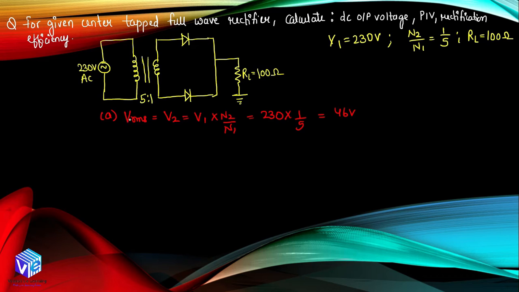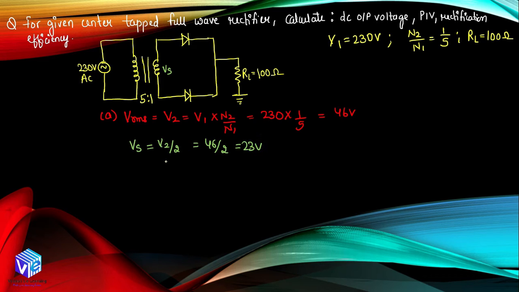Now we have VRMS, and we can calculate the source voltage from it. The source voltage, or you can call it the secondary voltage, is V2 upon 2. So it will be 46 upon 2, which is equal to 23 volt.